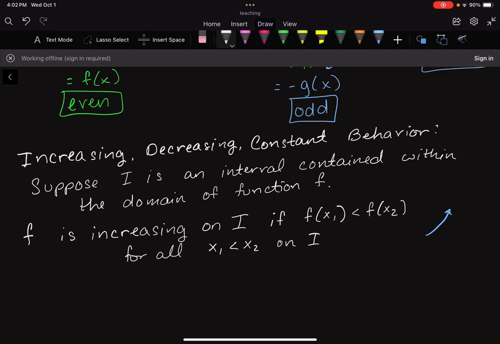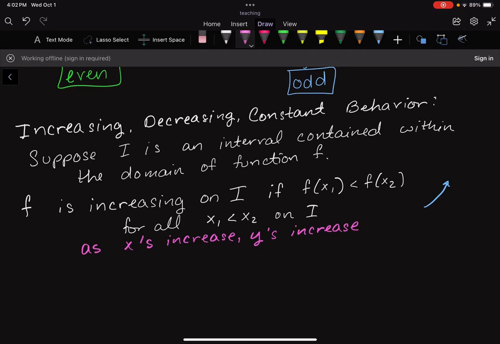I know the language is starting to get a little more mathy, but all we're saying is that as x's increase, my y's also increase. So we would call that an increasing function on that interval.